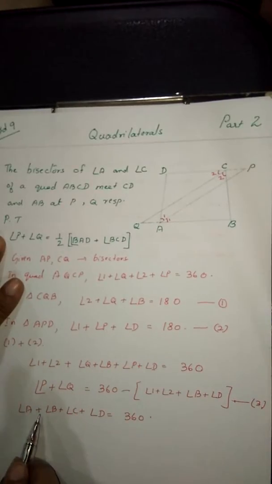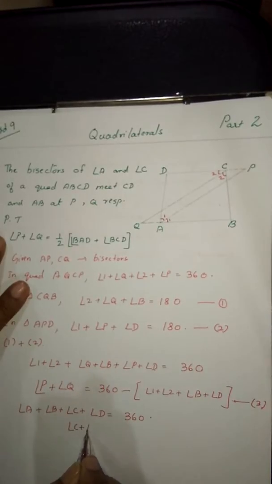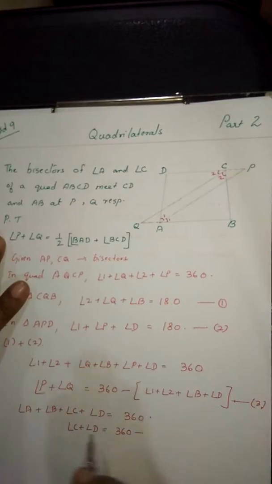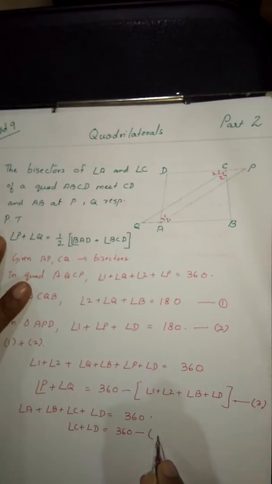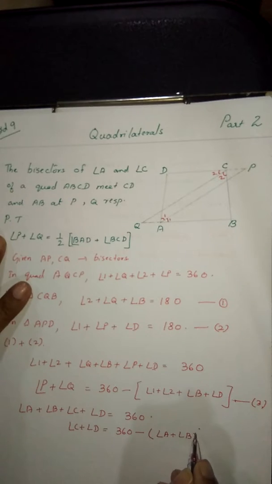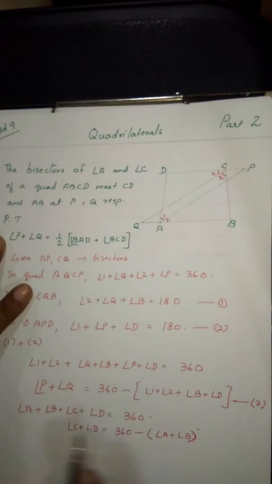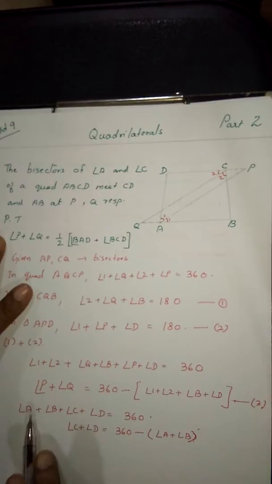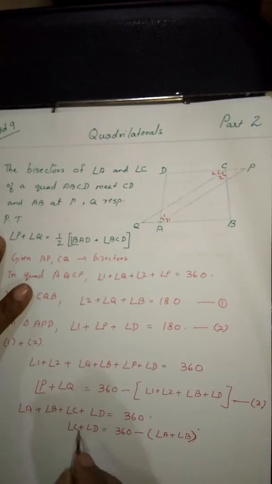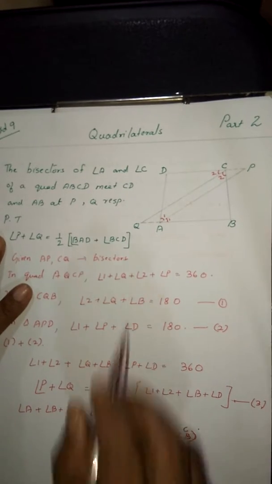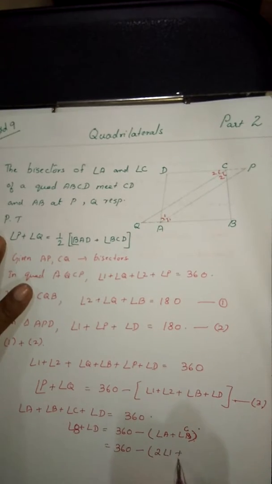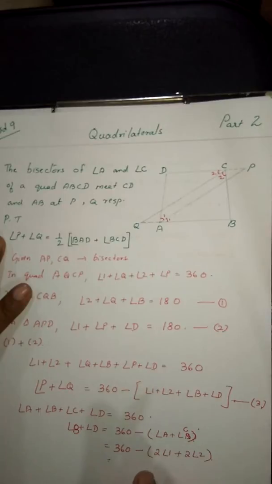This is equation 3. So angle C plus angle D is equal to 360 minus angle A plus angle B. Sorry, we have to write B plus D is equal to 360 minus angle A minus angle C. Now angle A can be written as twice angle 1 and angle C can be written as twice angle 2. This is equation 4.